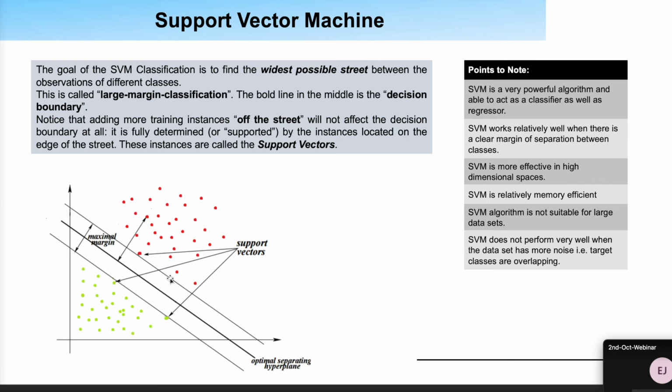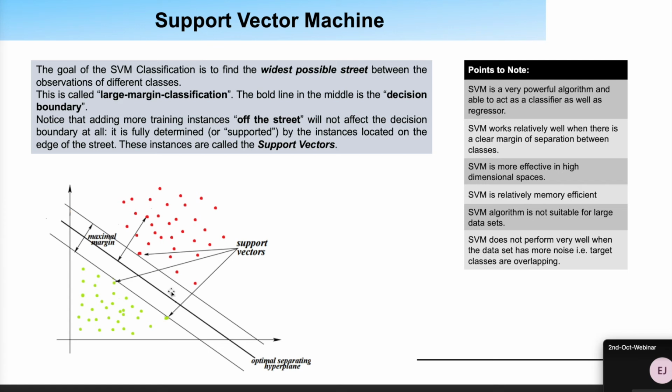Now you see there is a problem here. The problem is that if there are outliers of green or outliers of red positioned here, then you can't have a clear wide street between these 2 classes. So there you have to make a compromise as to what is your motive.